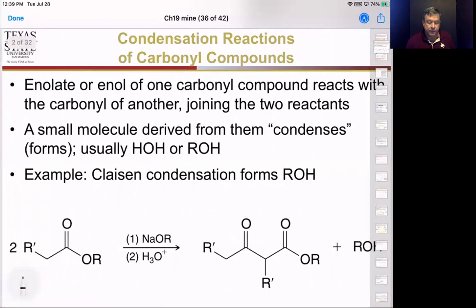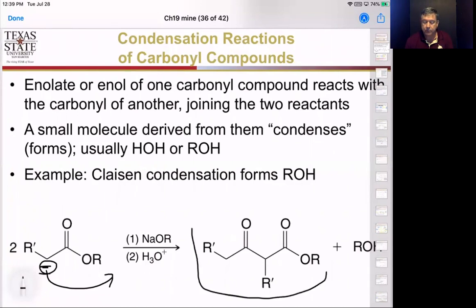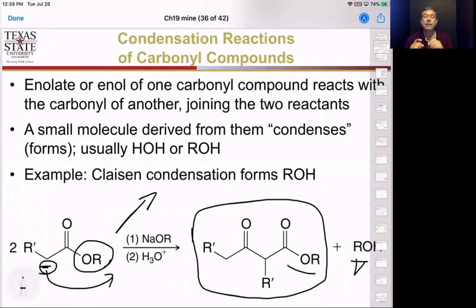And in this case, once we form this anion here, we're actually going to attack another equivalent of our ester to generate our intermediate here. This is our ester. Plus, we're going to kick out one of these equivalents from one of the materials to give us our alcohol, okay? So our condensation reactions always kick out water or alcohol, and when we use esters in the system, we call that the Claisen condensation.